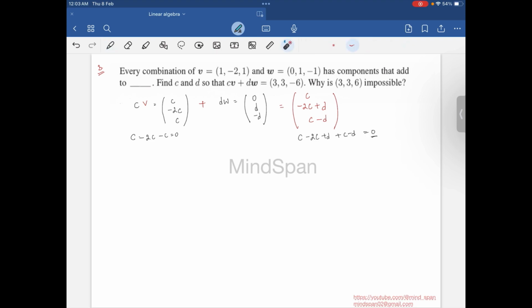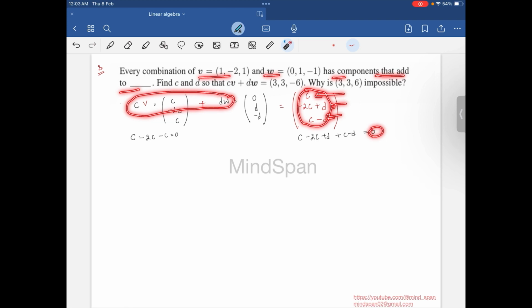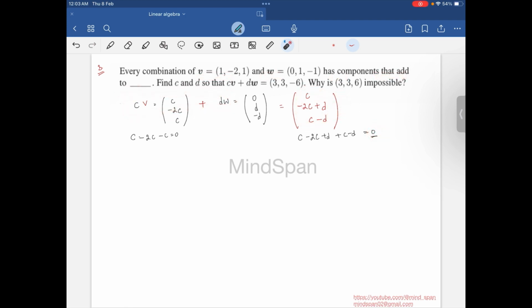So the question was every combination of v and w; we have taken each and every possible combination, and if we add those components, what we will get is 0. Now we have the next part in this question: find c and d so that the linear combination of this v and w will produce this vector.